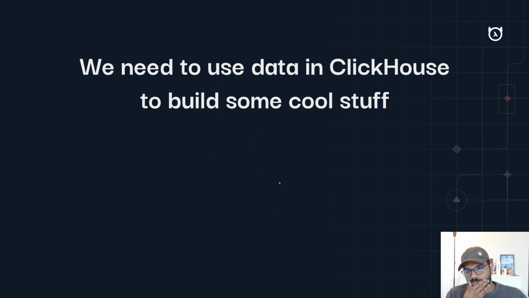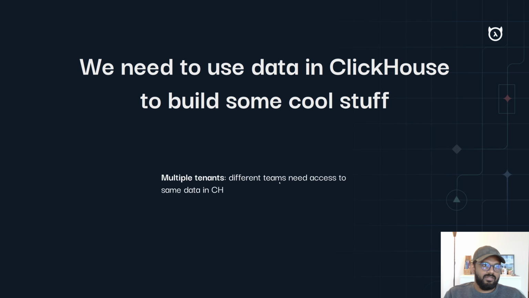So we need to use the data in ClickHouse to build some cool stuff. And what are we going to have? We're going to have multiple tenants in the same database: data from different teams or different projects or different customers in the same database. We have different teams needing to access certain parts of the data.